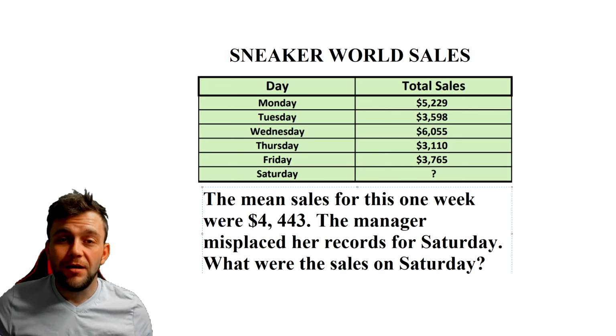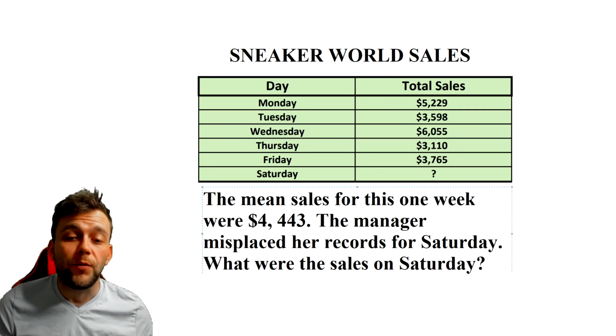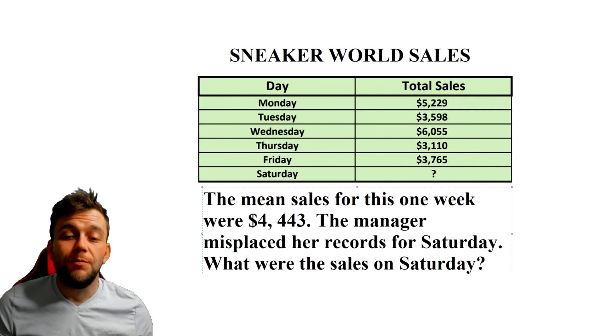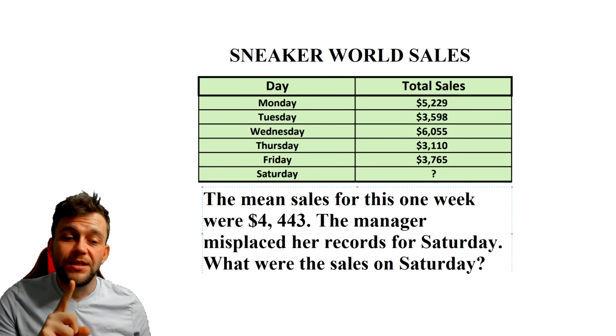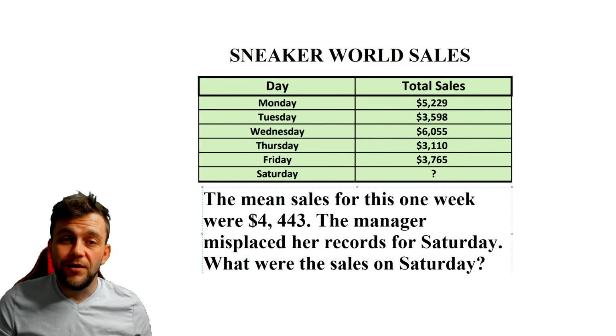The question is, the mean sales for this 1 week were $4,443. The manager misplaced her records for Saturday. What were the sales on Saturday? So we are given the mean, and we are asked to find out what a single day of sales is.